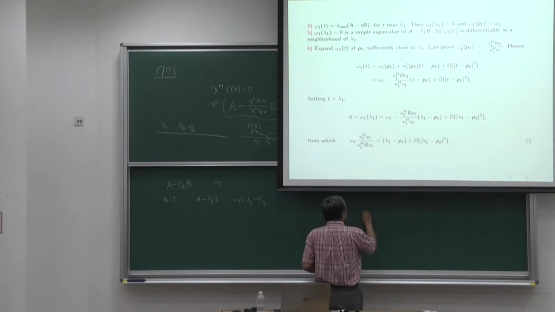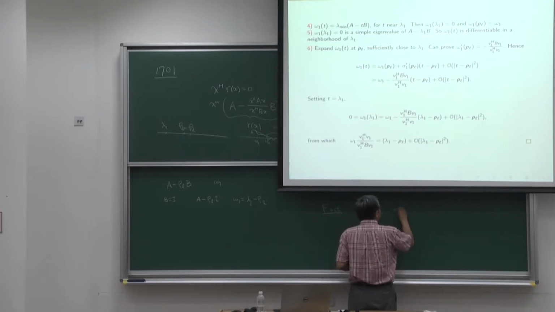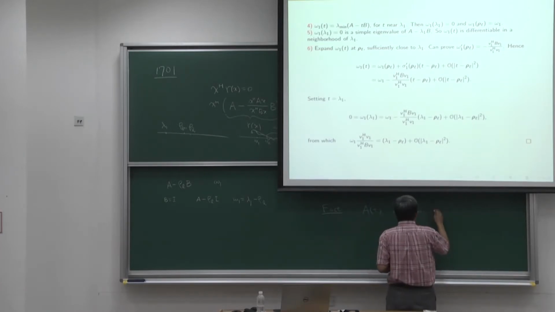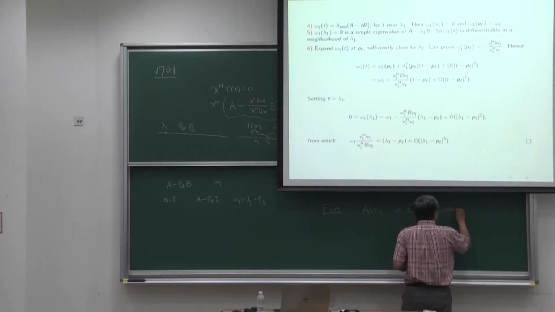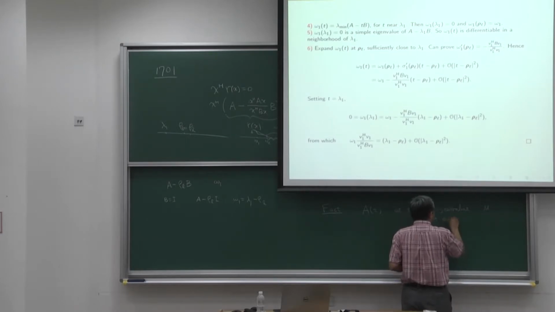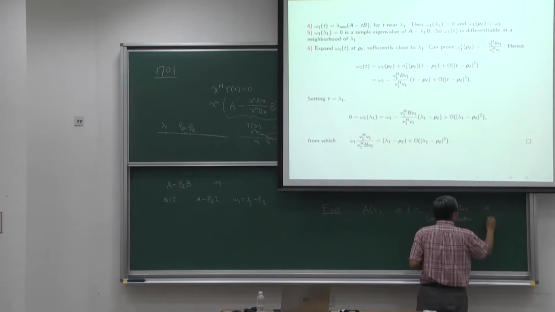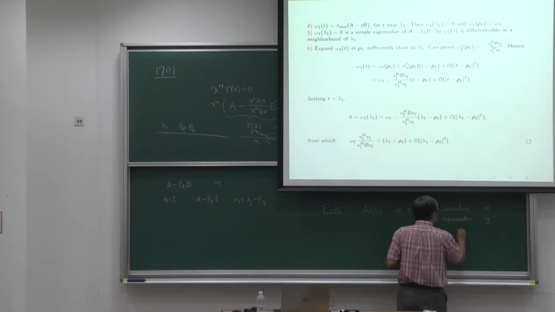If you have a matrix function at t equal to t0, you have an eigenvalue, say mu, with left eigenvector y and right eigenvector x.